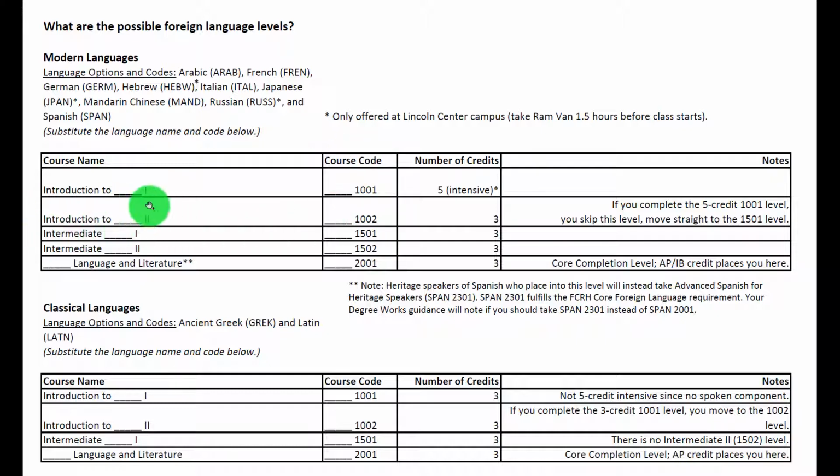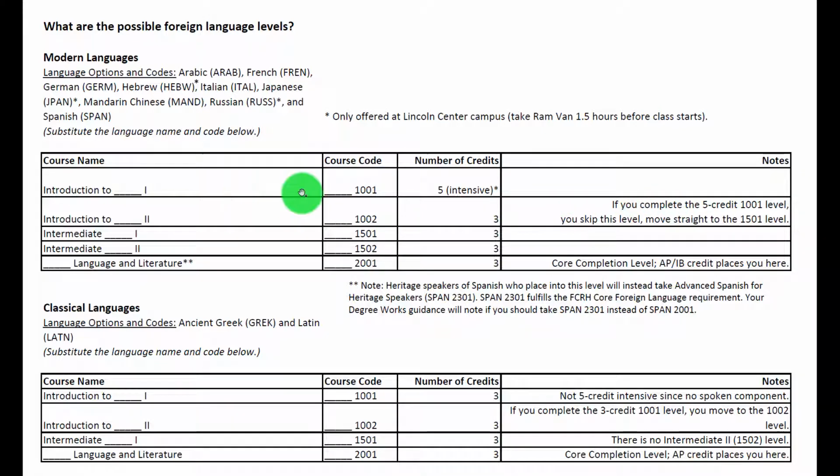Next, we'll look at the Introductory 2 level, which is numbered 1002. Now, the important thing to note here is that students who take 1001 do not then move to 1002. Because this 5-credit course is an intensive, it sort of covers 2 semesters worth of language content in one.